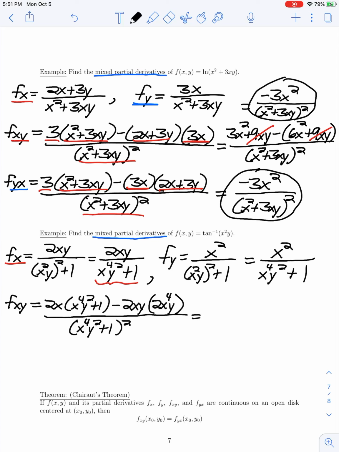So expanding, we will have 2x to the fifth y squared plus 2x minus 4x to the fifth y squared, all over that same denominator squared.